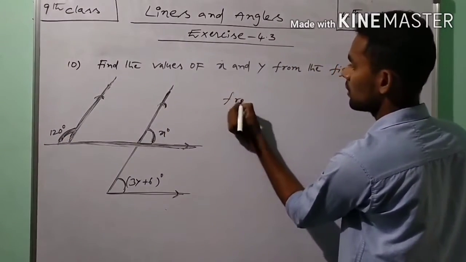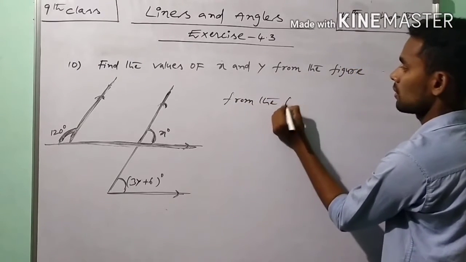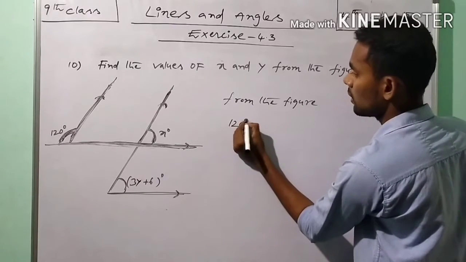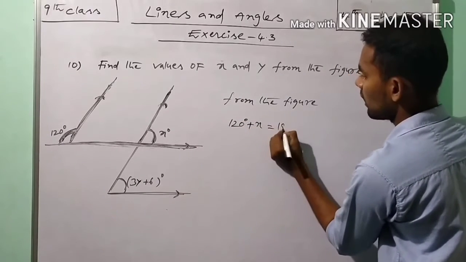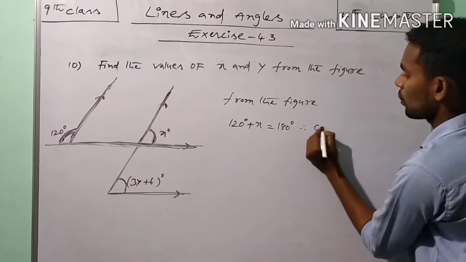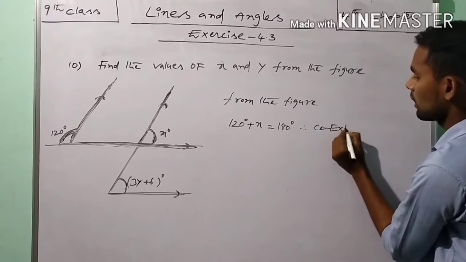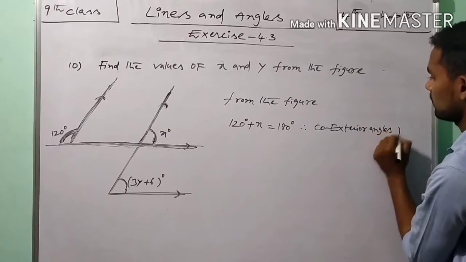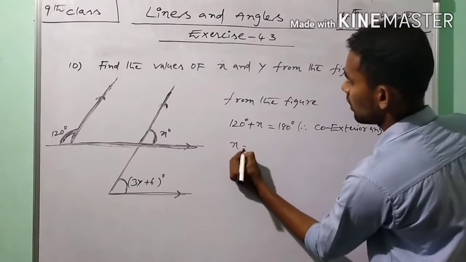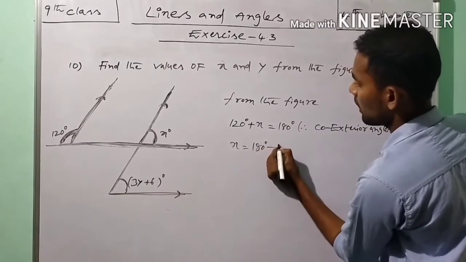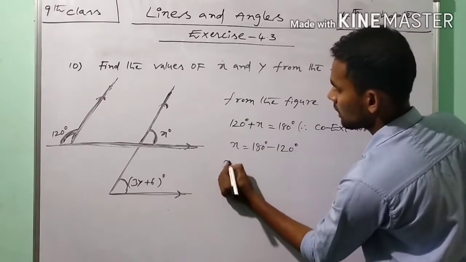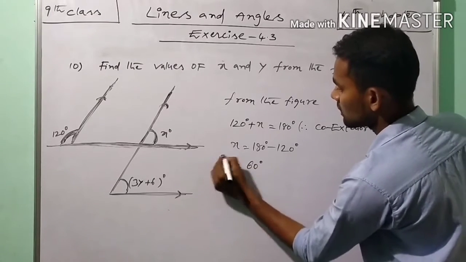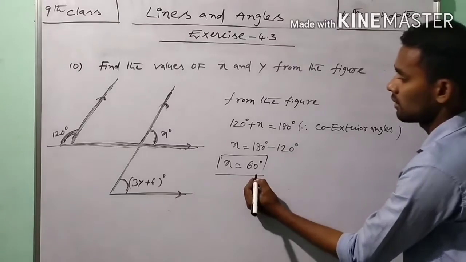From the figure, 120 plus x equals 180 degrees. Therefore, co-exterior angles. x equals 180 degrees minus 120 degrees equals 60 degrees. x equals 60 degrees.